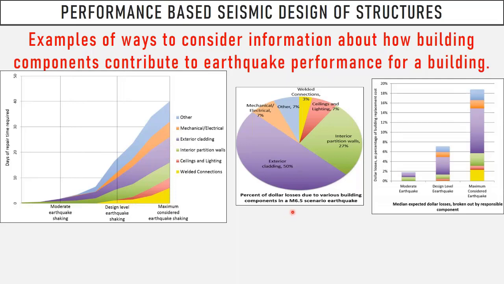For instance, what is the loss? Total loss, and it's shared among different parts, different non-structural components. Again, you see which component is the critical one, both in terms of days and in terms of economic loss. And of course, which component has the most contribution to the overall cost and loss?